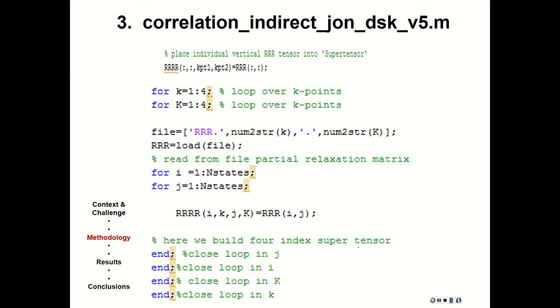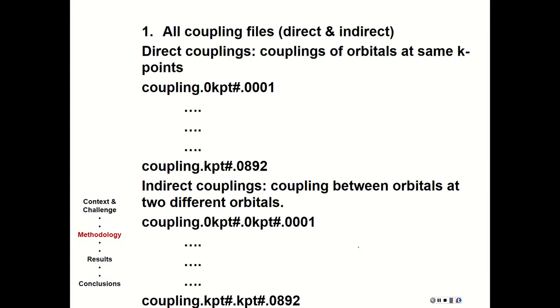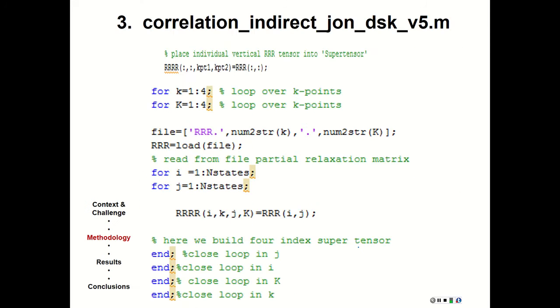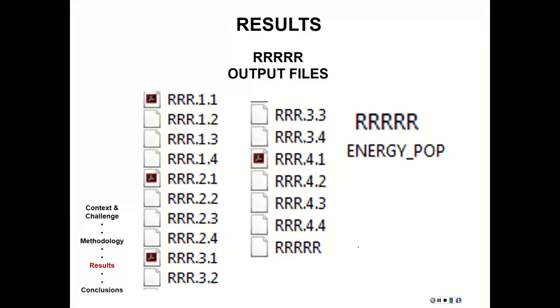And then we need to calculate Redfield tensor for K point 1 to Redfield tensor for K point 2, Redfield tensor K point 1 to Redfield tensor K point 3, and so on. So we have 16 different Redfield tensor files.